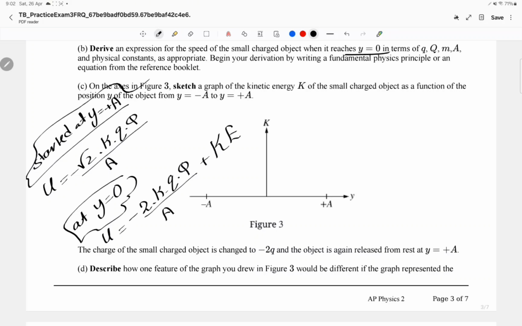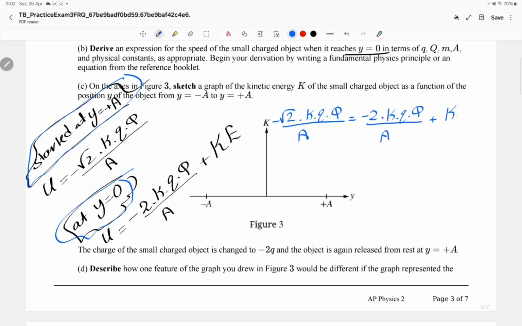And of course, because of the conservation of energy, what we have at plus a is the same as what we have at 0. So I'm going to say negative root of 2 k q over a is equal to negative 2 k q over a plus ke.